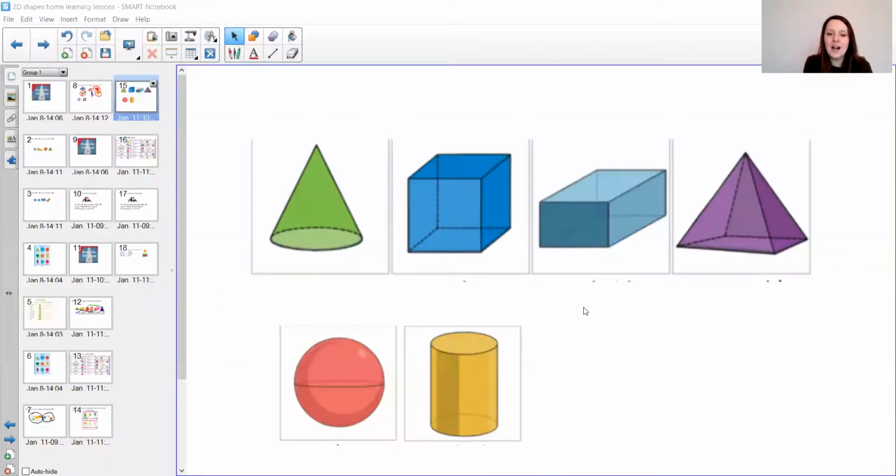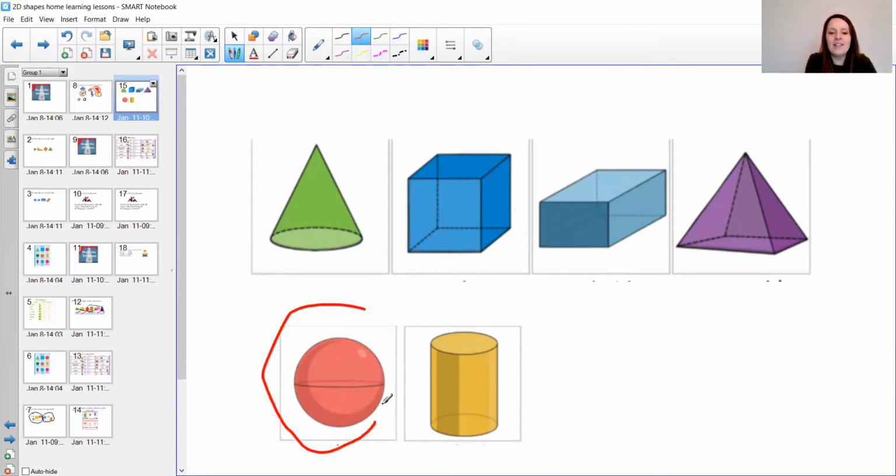Now, I am going to show you my screen, okay? We're going to do a quick recap again. So here are the 3D shapes that we looked at yesterday. I'm going to point at them and you're going to tell me what they are. So, are you ready? This one is, that's right, it's a sphere.